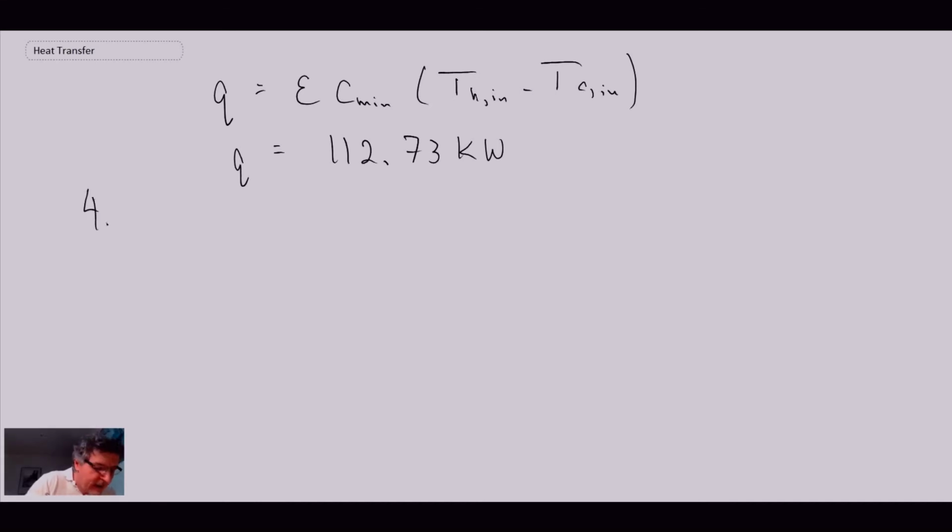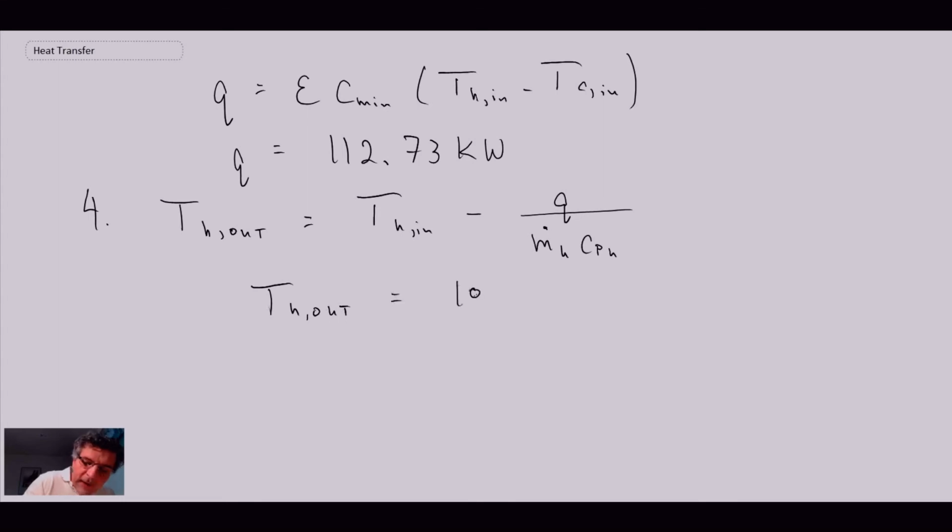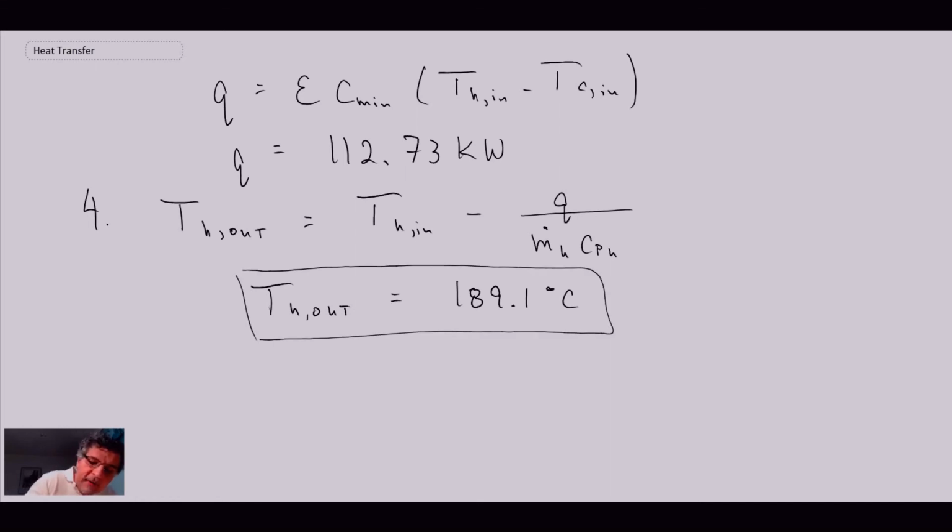Fourth step, and this is the last step on this pass through the problem. Remember, we have to iterate because we guessed the properties at the beginning. So we get T hot out as 189.1 degrees C. It didn't drop much? But we're going from 400 down to 189, so it is dropping a fair amount.